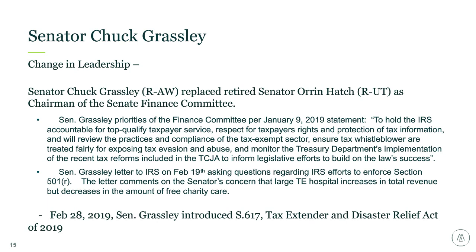He also has introduced a bill for the tax extenders and disaster relief, and this would cover provisions that were expiring in 2018. He's trying to get extensions on those. So it's a lot of different credits and extension of a whole bunch of relief, Indian employment tax, mine rescue team training, a whole list of things.